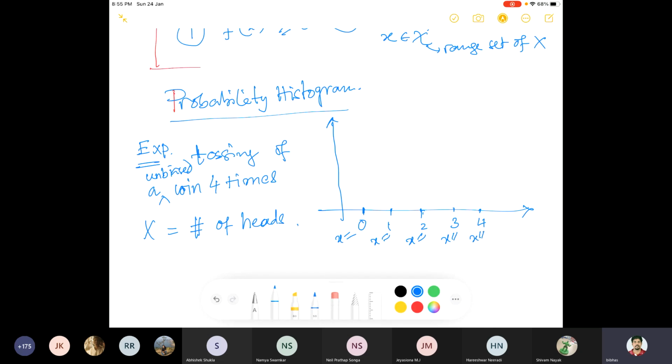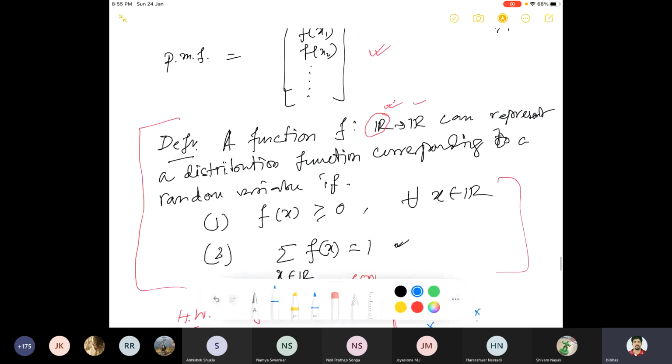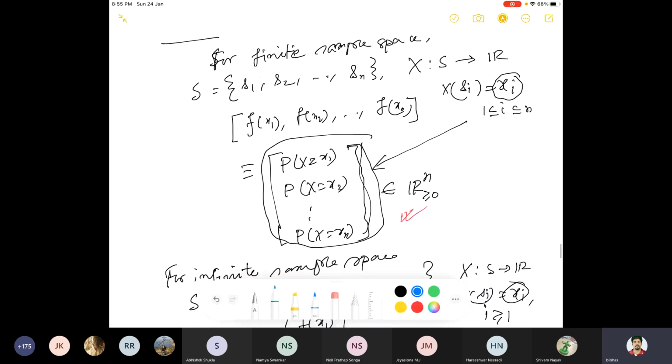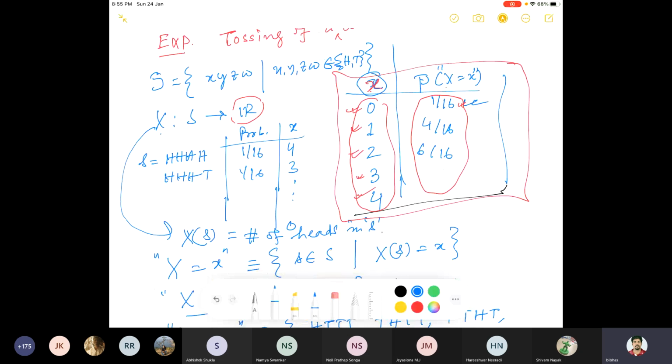Now for all these values of X, we calculated the value of probability of X equal to x. That means we have found out this small f of x, okay? And these values we had written down. You can go back and see the table. If X equal to 0, then f of x equals 1 by 16.